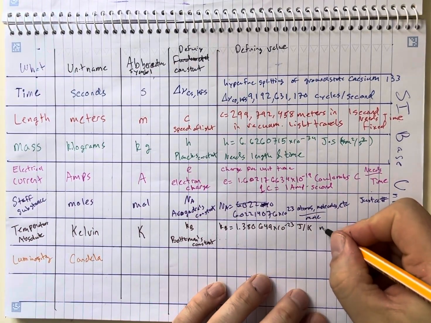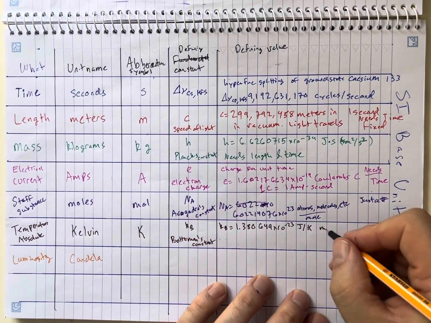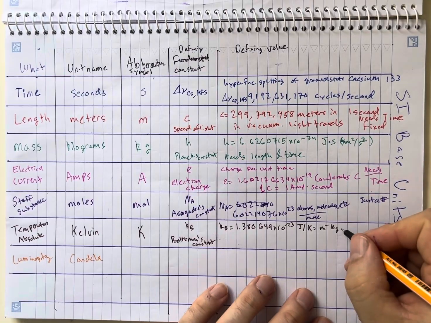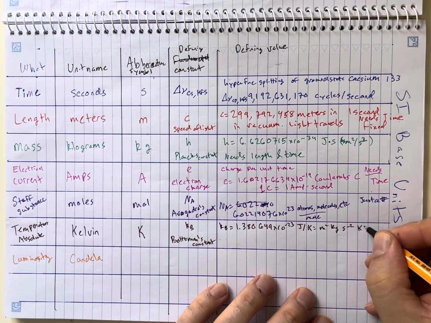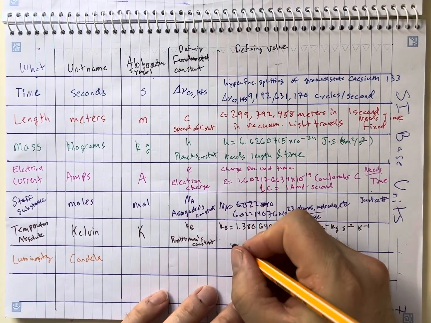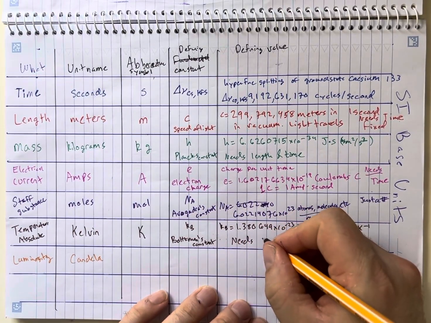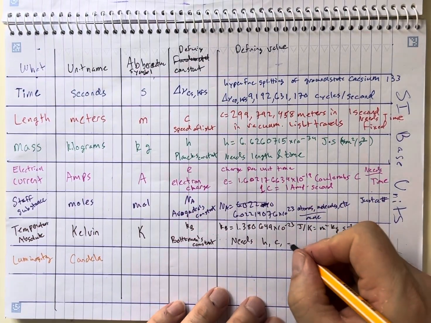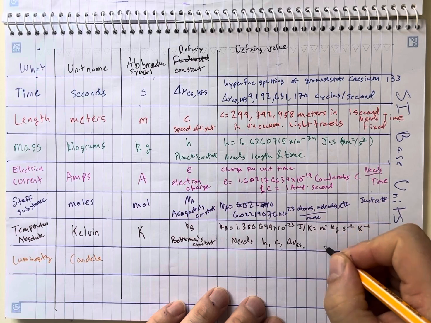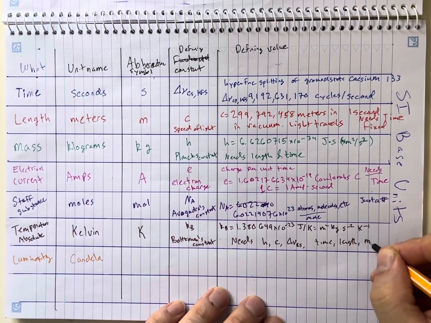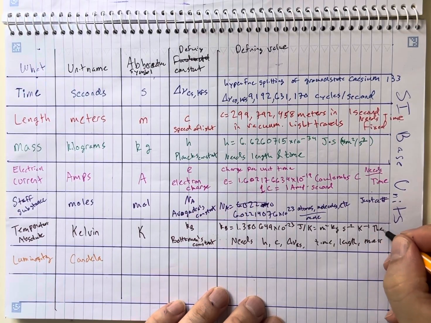So this is kilograms meters squared per second squared per Kelvin. So it needs time, length, mass, thermodynamic temperature.